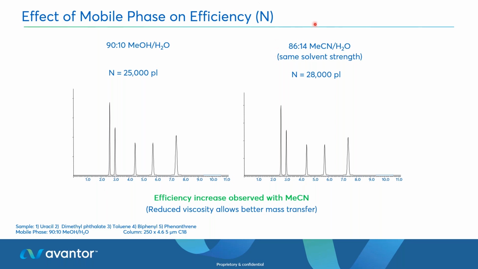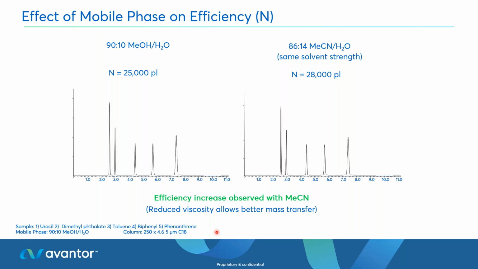With our acetonitrile separation, the plate number, the N number, the efficiency of our final peak in this separation is higher with acetonitrile than it is with methanol. So again, you get differences in that efficiency term, so the peak sharpness, when you choose different solvents.